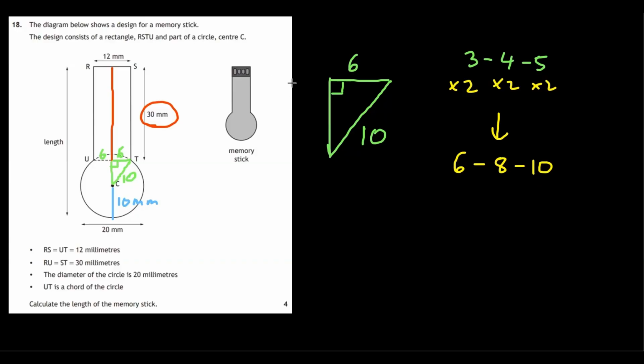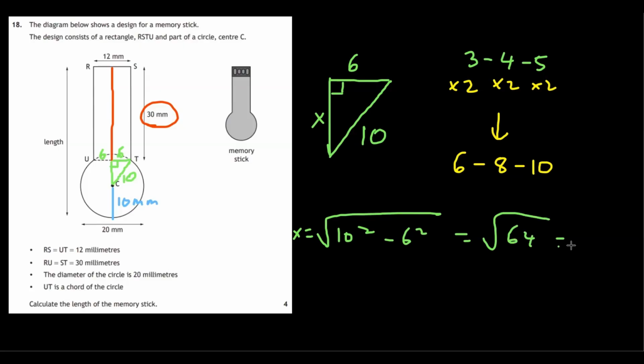And the other way of finding this is just to use Pythagoras' theorem. So it would just be the square root of 10 squared minus 6 squared. So I'll just call that x. And that would be root 100 minus 36, so root 64. And that would be 8. So this length over here is 8 millimeters.